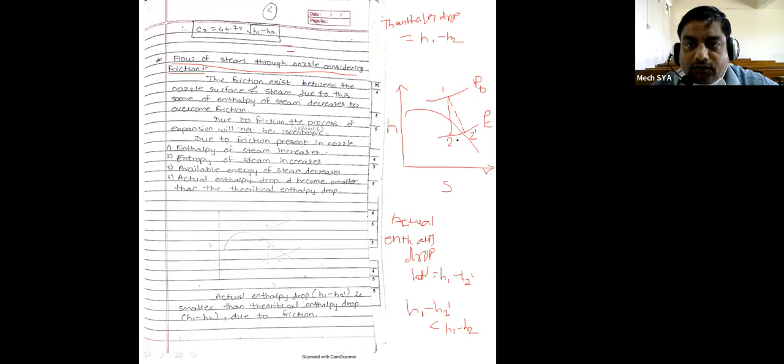The point H2 dash is vertically above, so the enthalpy of steam increases. Entropy of steam also increases at point 2 dash. Available energy of steam decreases, meaning the drop H1 minus H2 dash goes on decreasing, and the actual enthalpy drop becomes smaller than the theoretical enthalpy drop, and hence velocity of steam also goes on decreasing. Anybody? What about velocity?